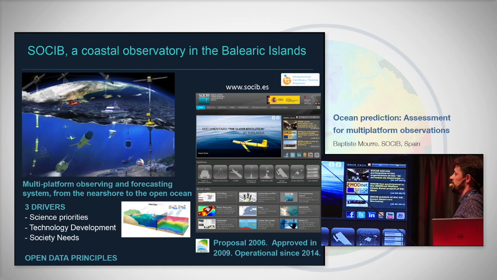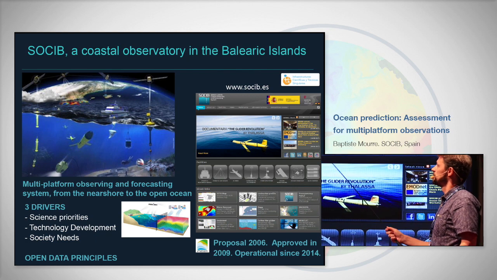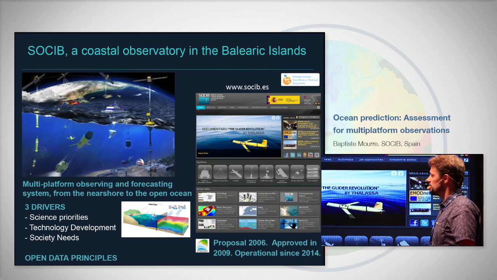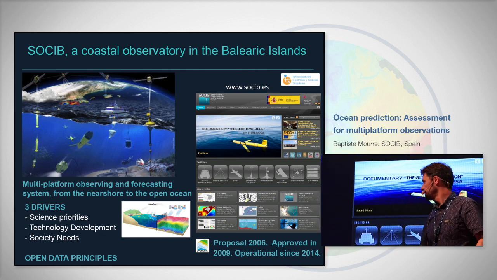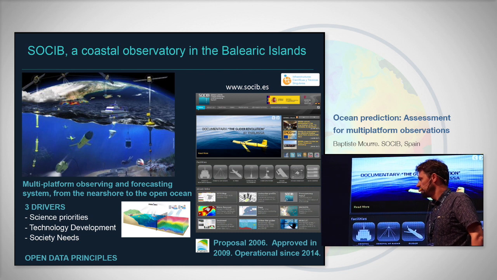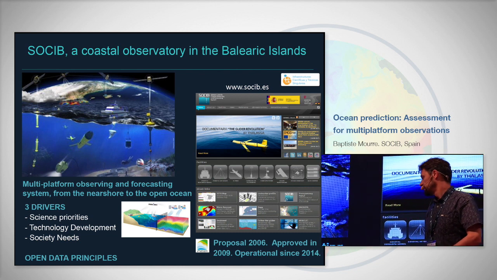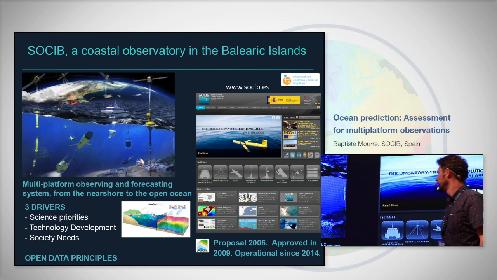So from these considerations, SOCIB was built. It's a coastal observatory in the Balearic Islands, a multi-platform observing and forecasting system. It goes from the nearshore to the open ocean and is driven by science priorities, technology, and addressing societal needs, with open data principles.